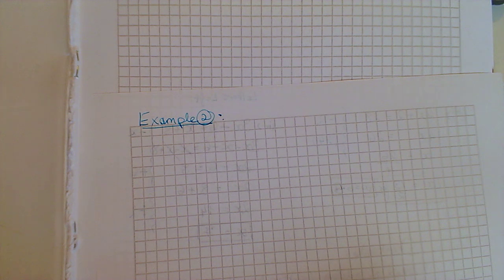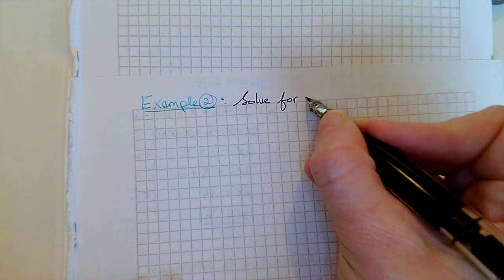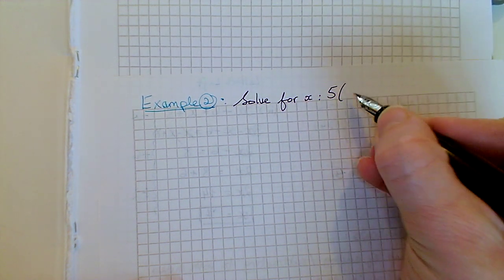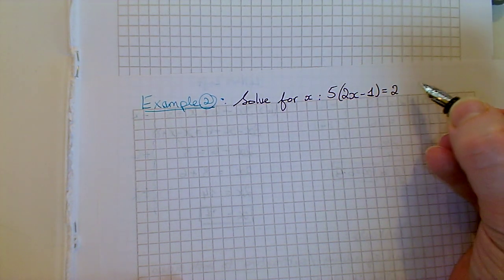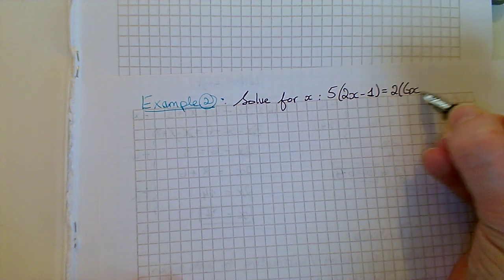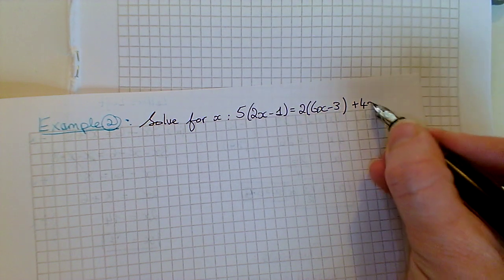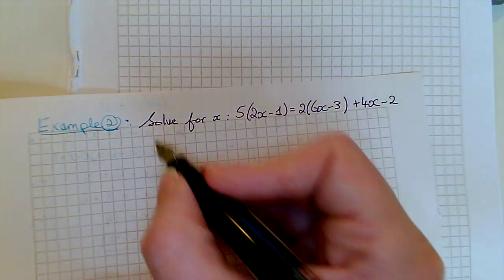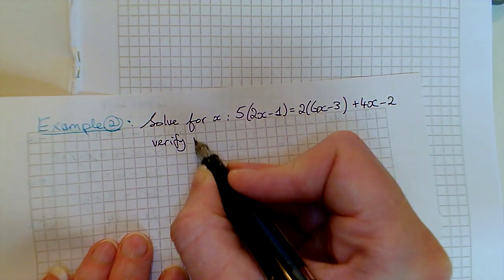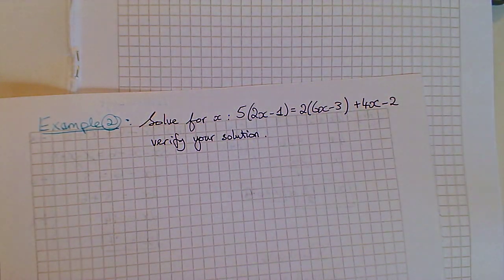We're being asked to solve for x: 5 bracket 2x minus 1 equals 2 bracket 6x minus 3 plus 4x minus 2. And there's going to be a follow-up with this as well. We're going to be asked to verify our solution.